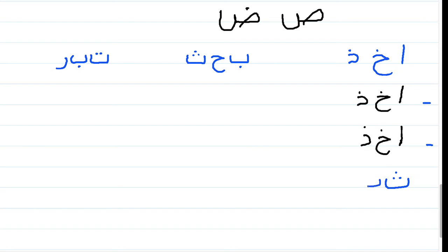Tha, Ba, and Ta. The dot has to be there. Tha, Ba, Tha, and then Ba and Ta. After that is Jim. Jim, make a line that way first, then like a C shape. Jim, Ha, you do the same thing.